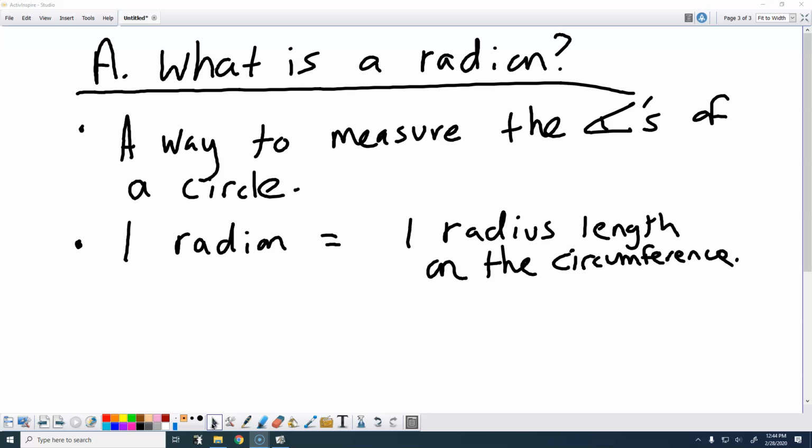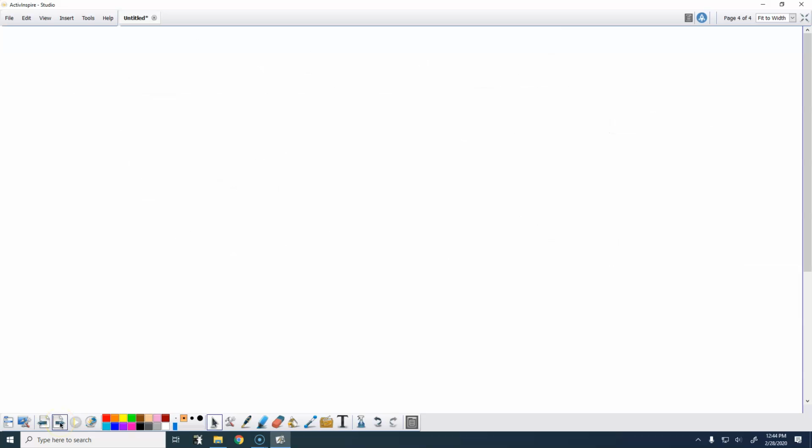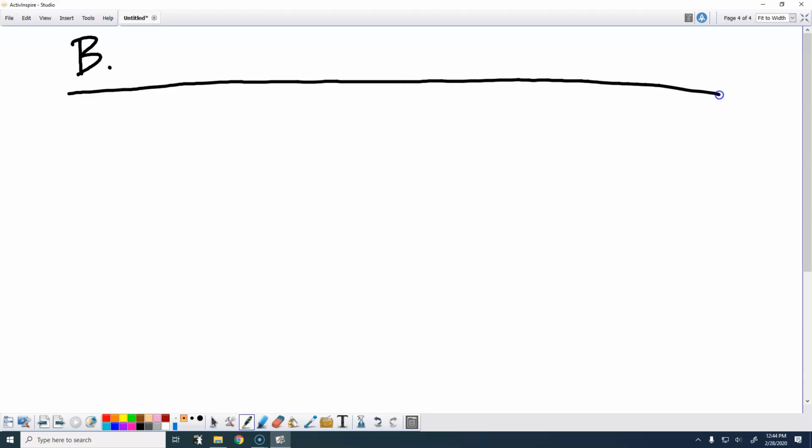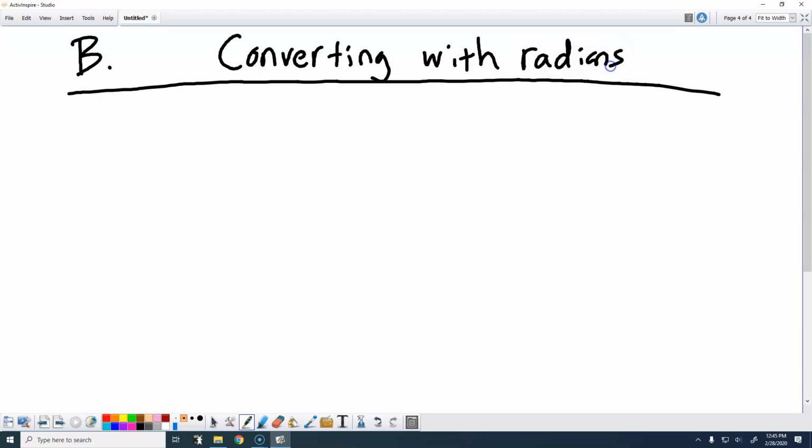Okay, we'll start talking about the conversion factor. Converting with radians and degrees.